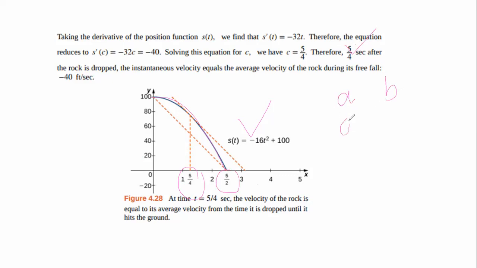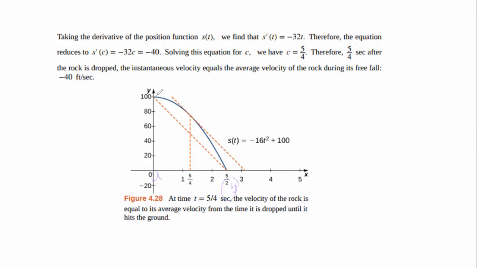A is basically 0, जो मैंने डिस्क्राइब किया था कि starting my time is 0, और जो B मैंने फर्स्ट टाइम जो फाइंड किया था फर्स्ट में, that is 5/2. So firstly I have to allocate this. This is my point number A and this is point number B respectively.